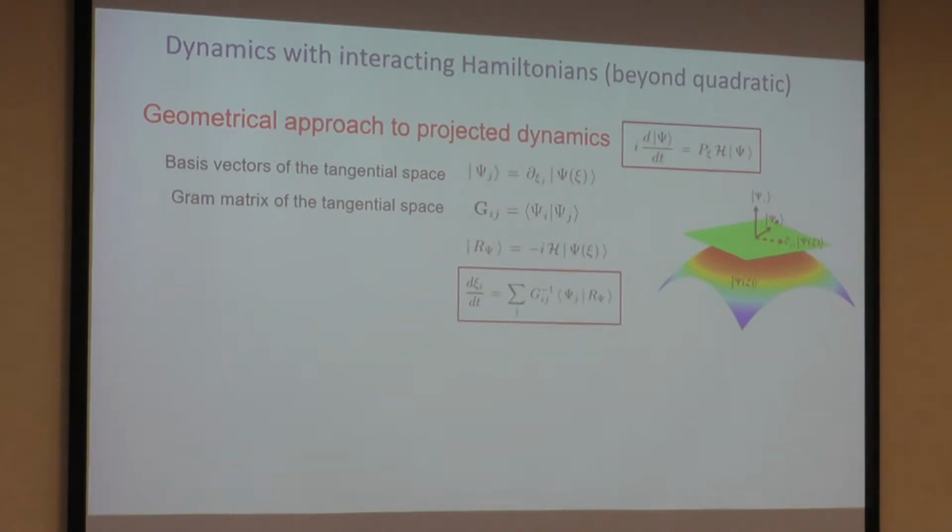When I calculate a small change in my state vector, I have to take projections of this general change of the wave function on the basis vectors. The basis vectors I construct just by asking how my many-body wave function changes if I change parameters in my variational space. One difficulty may be that the states may not be orthogonal, so you have to use the Gram matrix. But in the examples that we will discuss, this issue will not arise.